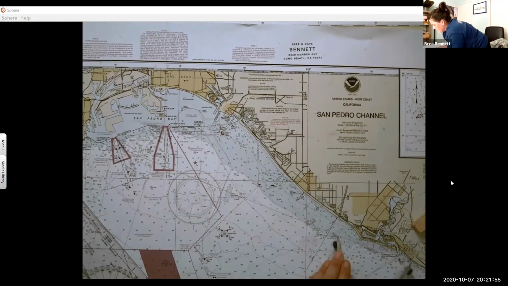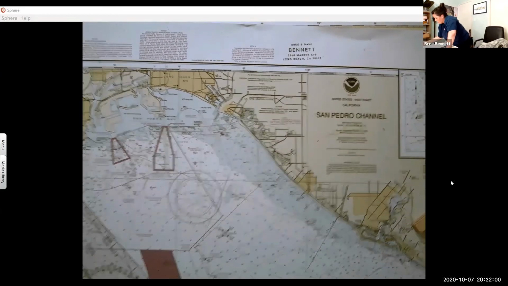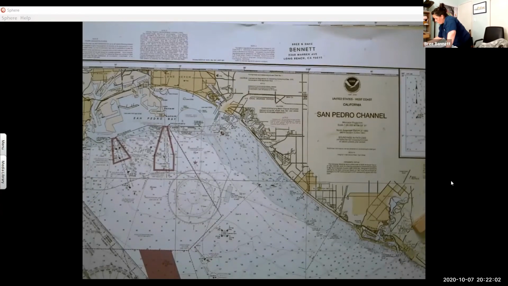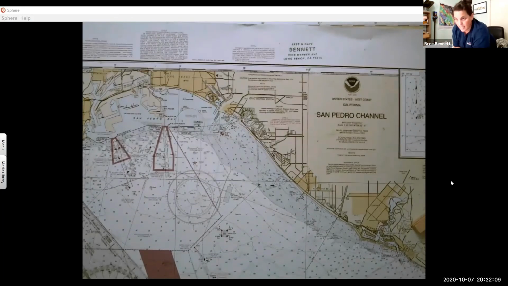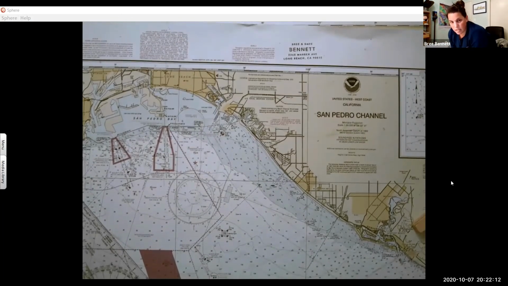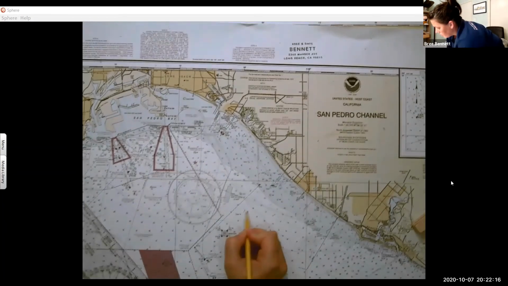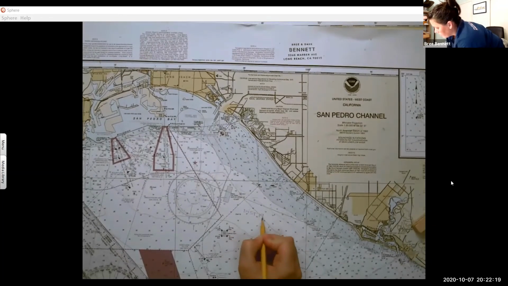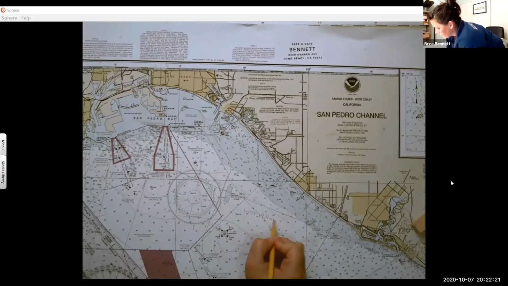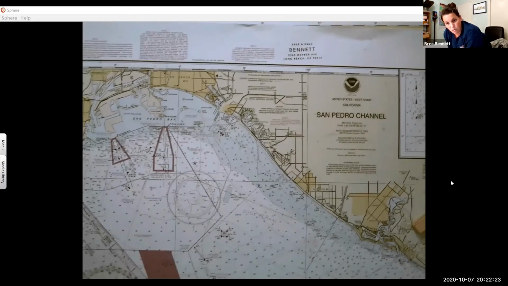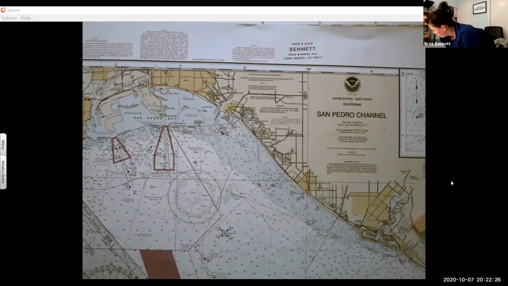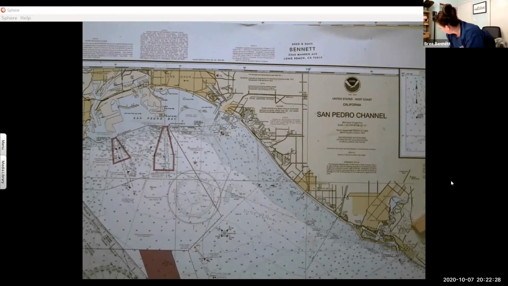So 15 plus 4.4, so that would be 19.4 nautical miles. Good. I have a distance of 19.4 nautical miles on this whole leg.